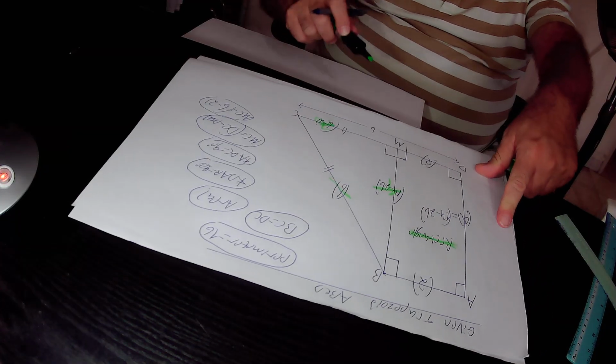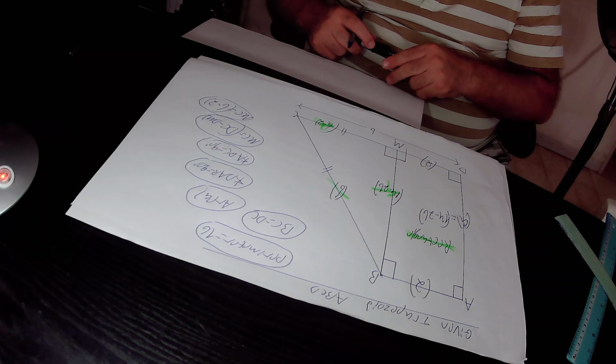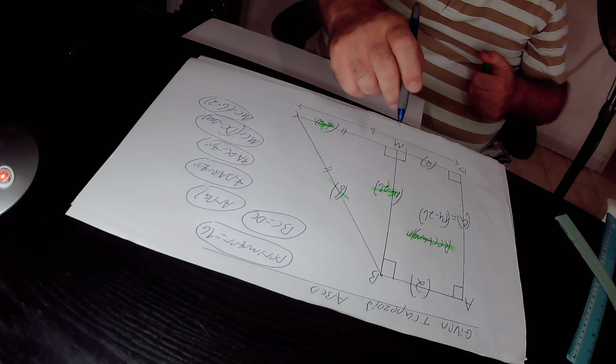In the next step, I'll copy this right triangle BMC onto a new page, and we will apply the Pythagoras theorem on this right triangle BMC.